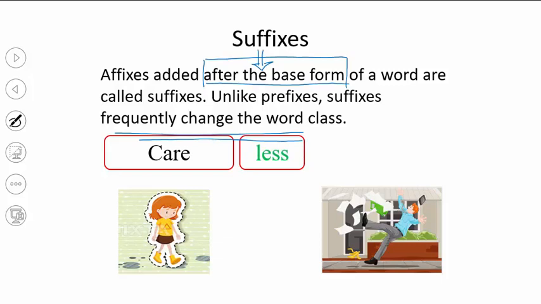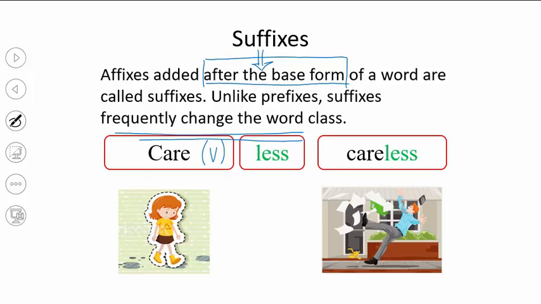So care plus less, we can make a new word, careless. Care is a verb. After adding less to care, we can make a new word, careless. This is an adjective. So care, less, careless.